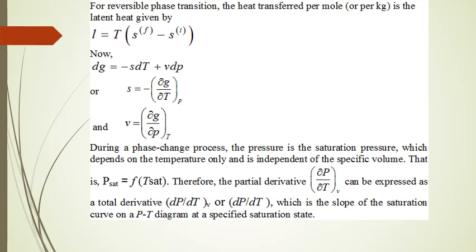That is, saturation pressure is a function of saturation temperature. Therefore, the partial derivative del P upon del T when v is constant can be expressed as a total derivative, that is dP upon dT when v is constant, or you can say simply dP upon dT, which is the slope of the saturation curve on a PT diagram at a specified saturation state.